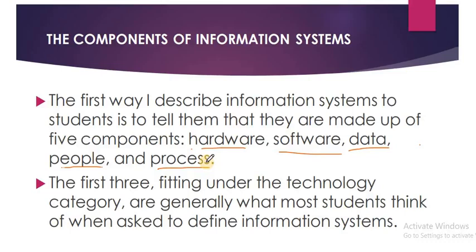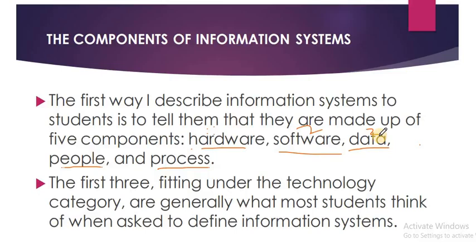But the first 3, the hardware, the software, and the data, fit under a technology category. Are we together? They fit under the technology category, which is generally what most students think of when you ask them to define what an information system is.